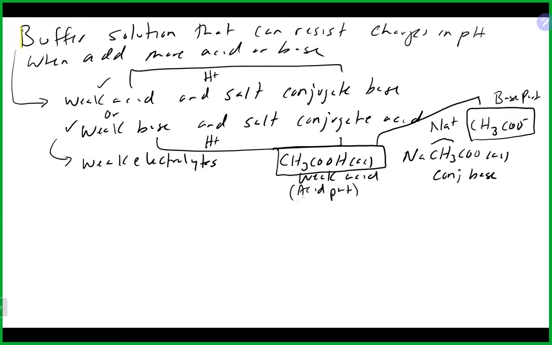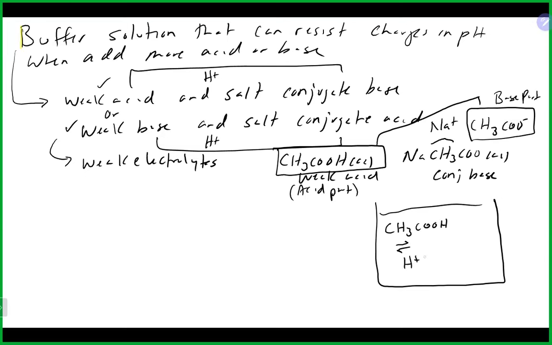And when you put that buffer into a beaker, because acetic acid is a weak electrolyte, it will set up that equilibrium. If you remember when we talked about weak electrolytes, they had those two arrows for the reversible reaction. They even put the arrows in the beaker, probably not. And it'll break apart into H plus and acetate.